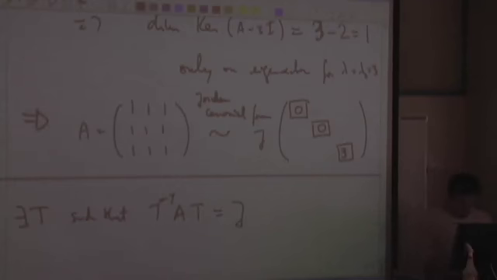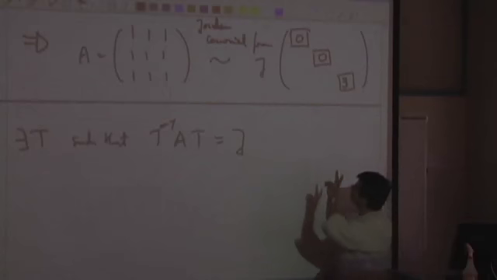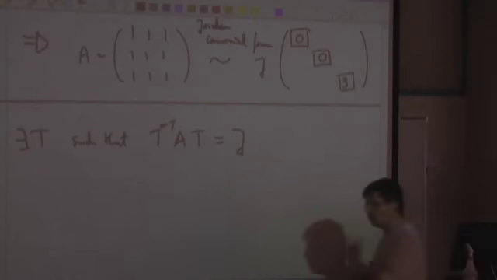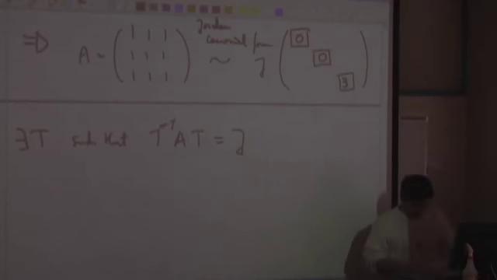What if I have a 3 by 3 matrix with 2 eigenvalues, 1 repeated, and only 1 eigenvector corresponding to that repeated eigenvalue? I think there was another example in your homework.